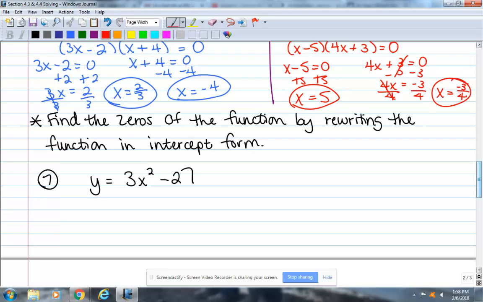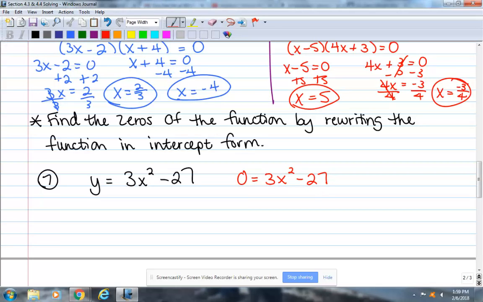So if it says y equals something or f of x equals something, you can change that variable into a 0. Whatever it uses to name the function, change it into a 0, then you're doing the same thing. If you don't like your 0 in the front, you want to put your 0 in the back, that's fine too. It's the same thing.